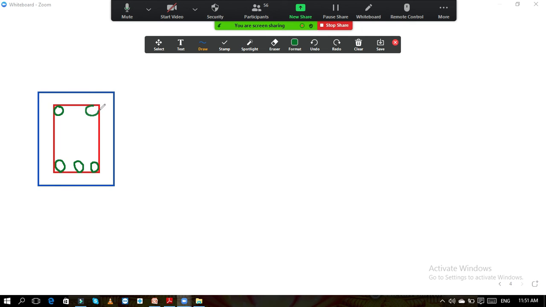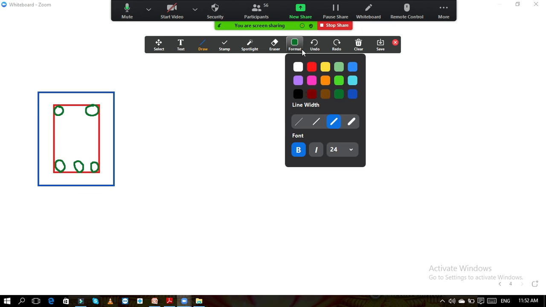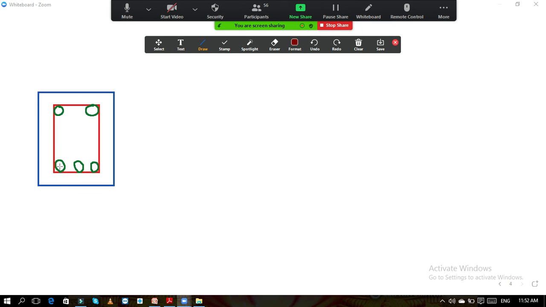So the meaning of b1 is, this distance, this is nothing but b1. The center to center of these two bars is nothing but b1. Okay. And what is d1 now?